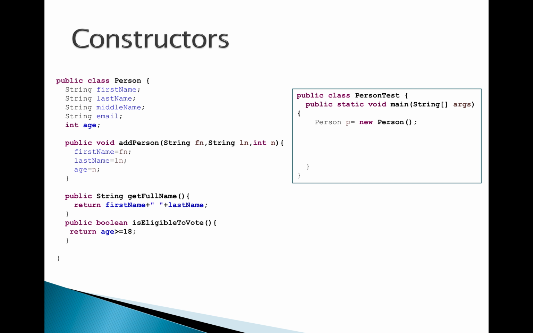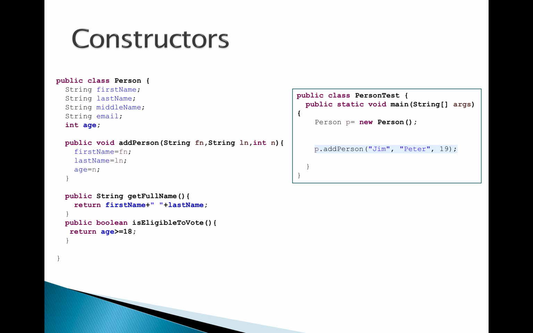So here I'm creating an instance method called addPerson, which receives 3 arguments, and those 3 arguments are going to be assigned to the instance variables. So firstName = fn, lastName = ln, age = n, where fn, ln, n are the parameters that I receive. And how do you call this method? Just by the object p.addPerson, and then pass the actual values.